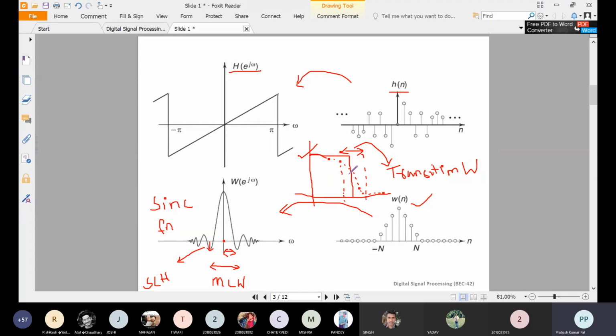So this is a basic understanding of how we should be considering it. For designing a filter, this transition width should be minimum, and if the transition width is minimum, it will be replicating the ideal one. So if it is replicating the ideal one, it will be a better design. Okay, better filter designing will be there.